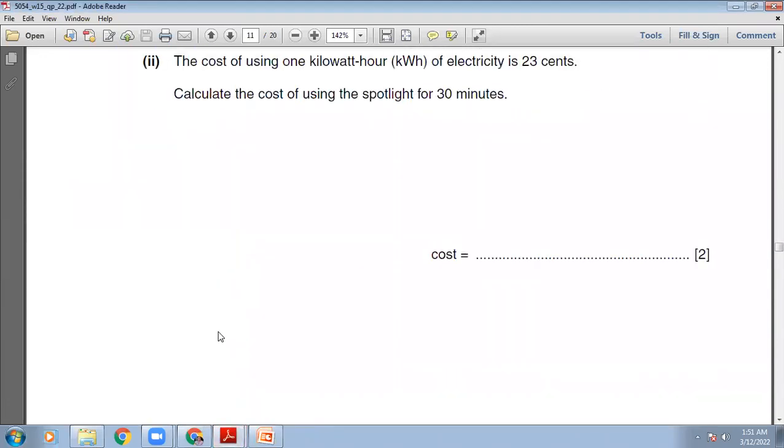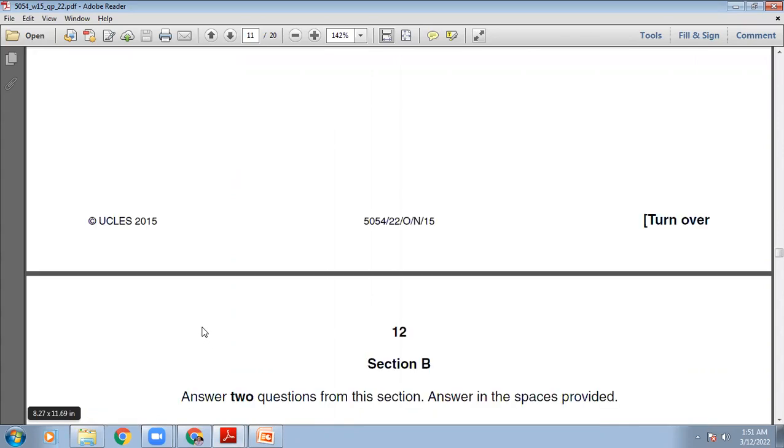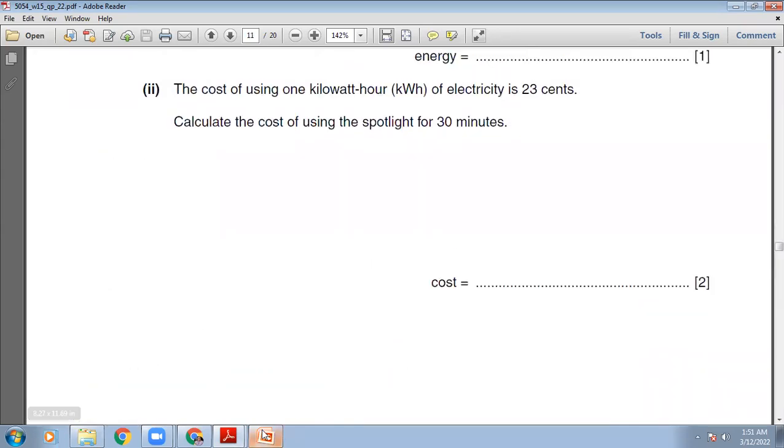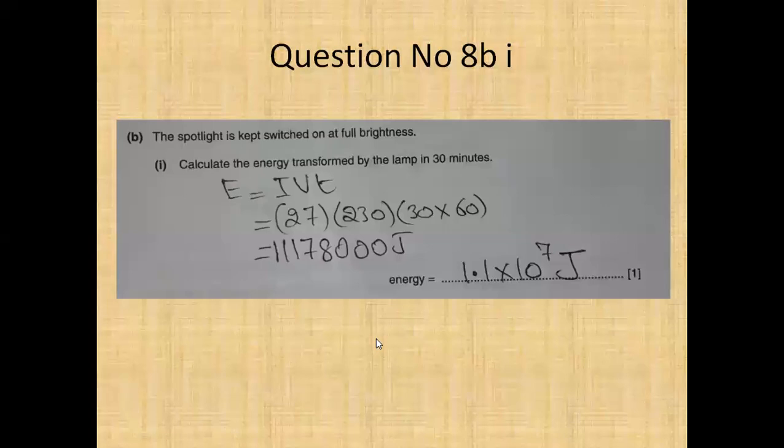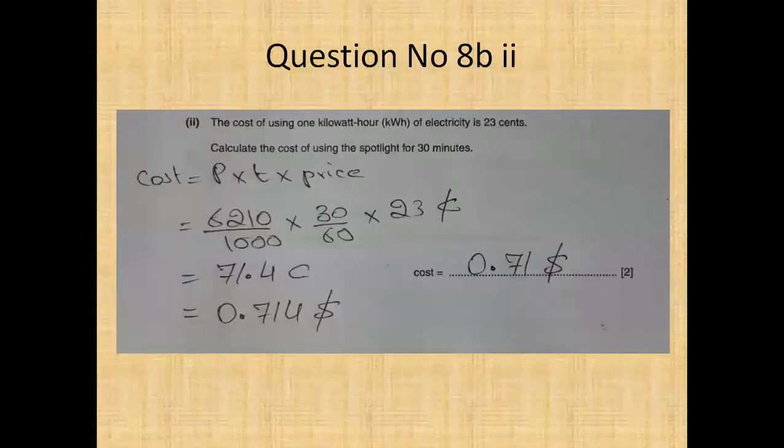Then he says the cost of using 1 kilowatt hour of electricity is 23 cents. Calculate the cost of using the spotlight for 30 minutes. If you want to calculate the cost, the formula is power multiplied by time multiplied by price. The power should be taken in kilowatts and the time should be taken in hours.